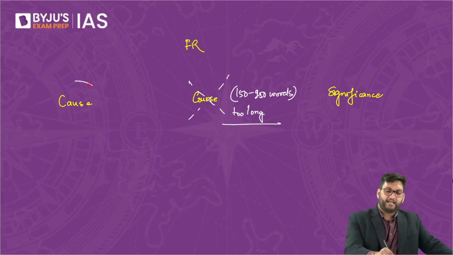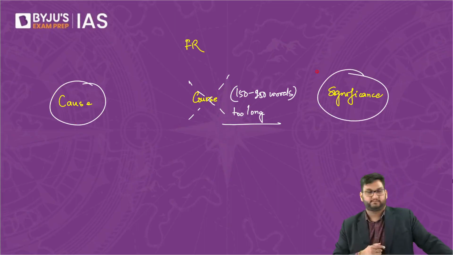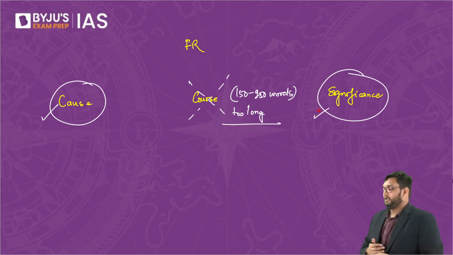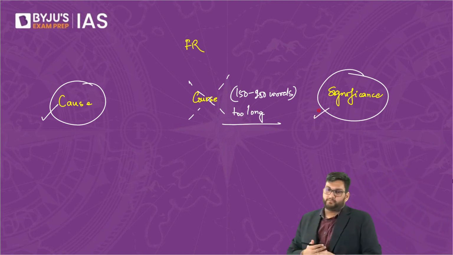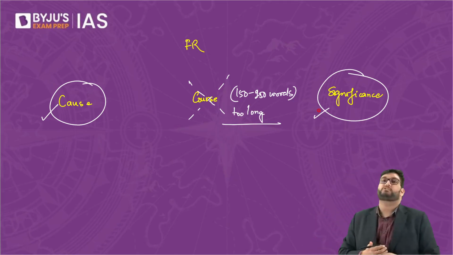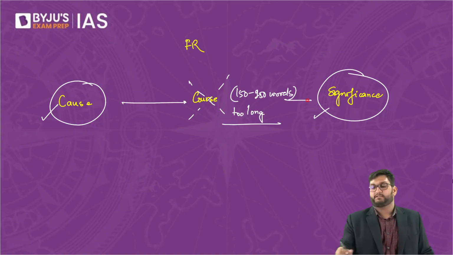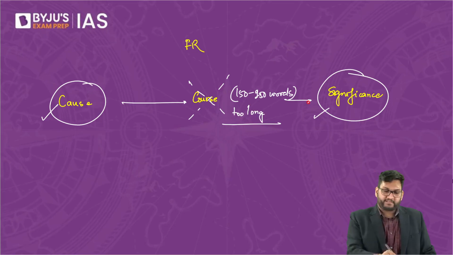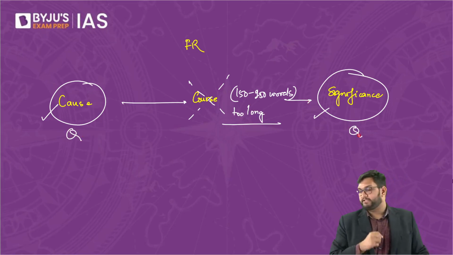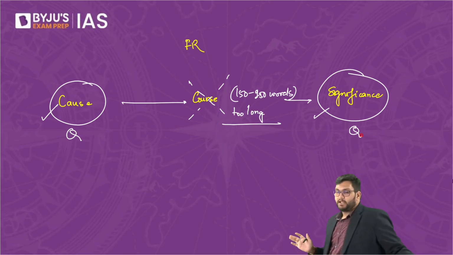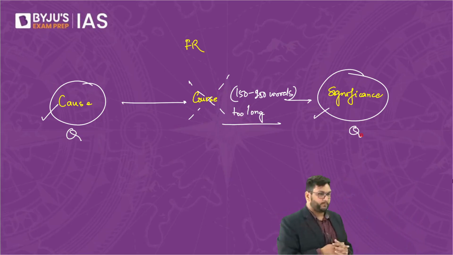And the questions are made out of these 2 areas, which is cause and significance. Now, I always get this question later. So then why do you do the course with us? Because if I don't tell you the course, you will not understand the causes and you will not understand the significance. But the questions are coming out of this area, and all questions till this point from this sector have been from this area only.